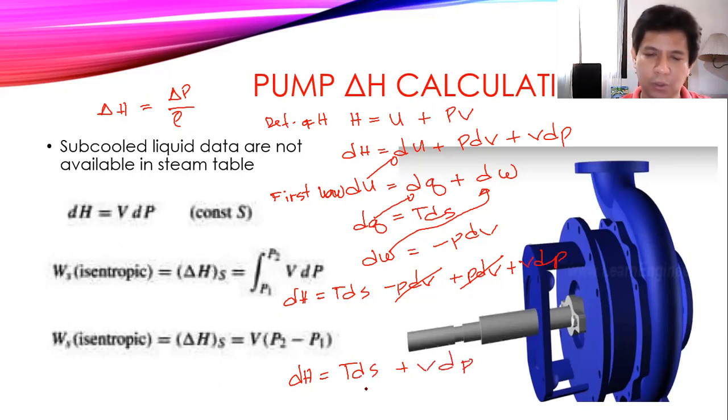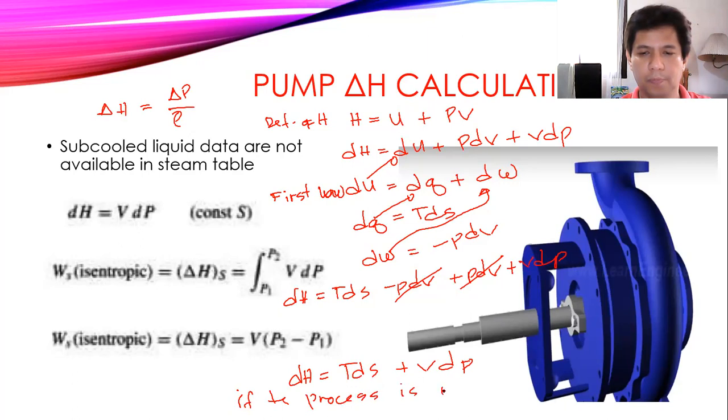I'm not sure if you're familiar with this fundamental equation for enthalpy. Now, if your process is isentropic, in an isentropic process, this term right here will become zero.